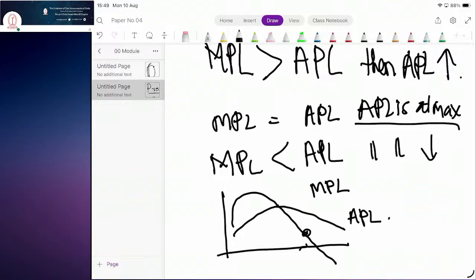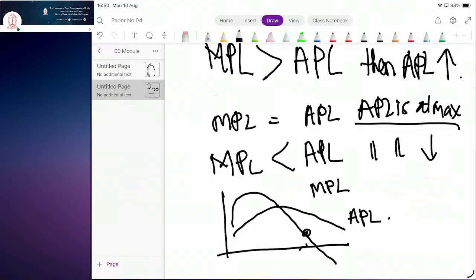Full use of fixed indivisible factors, yes. Efficiency of variable factors, yes. And need to reach the right combination. All three are correct. So your answer for 26 would have been D, all of the above.